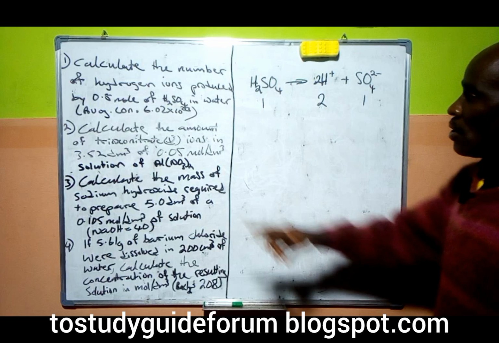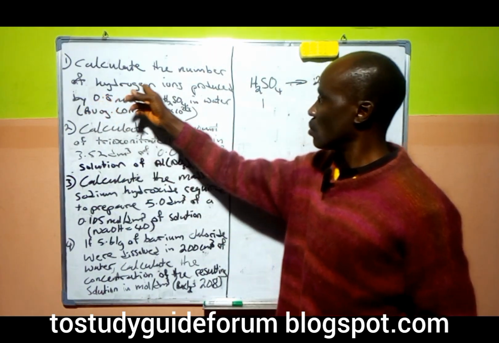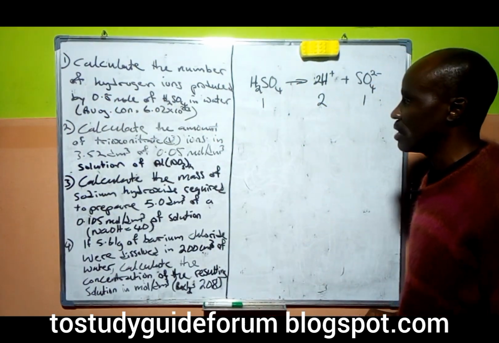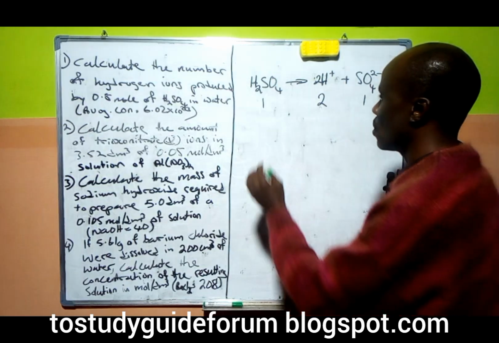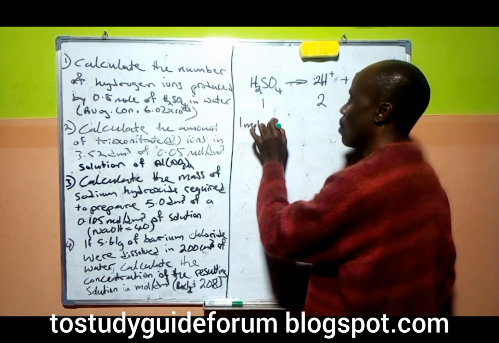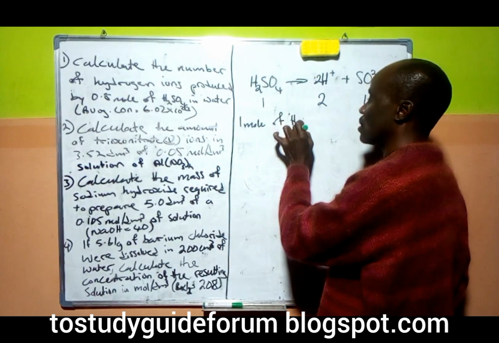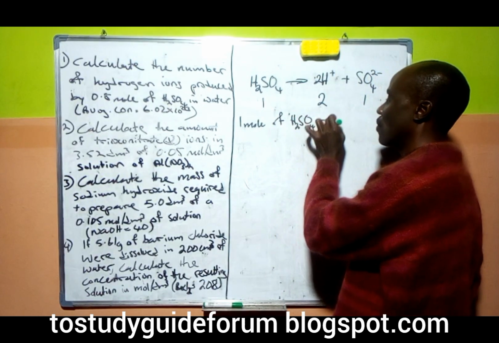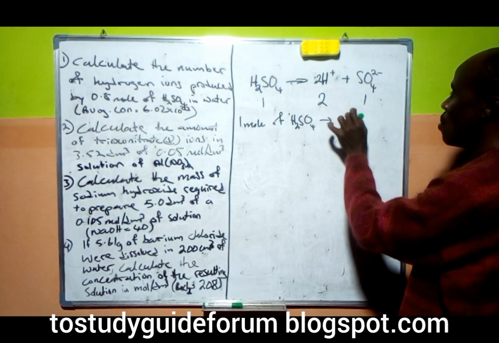So, we are told to find the number of hydrogen ions present here. To solve this problem, 1 mole of hydrogen tetraoxosulphate will give us 2 moles.